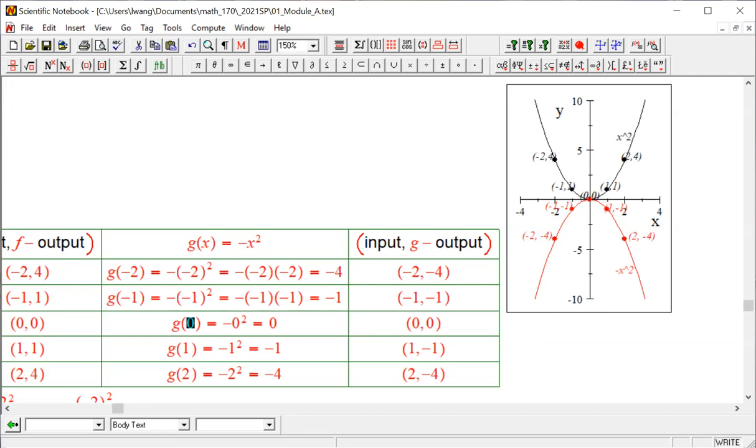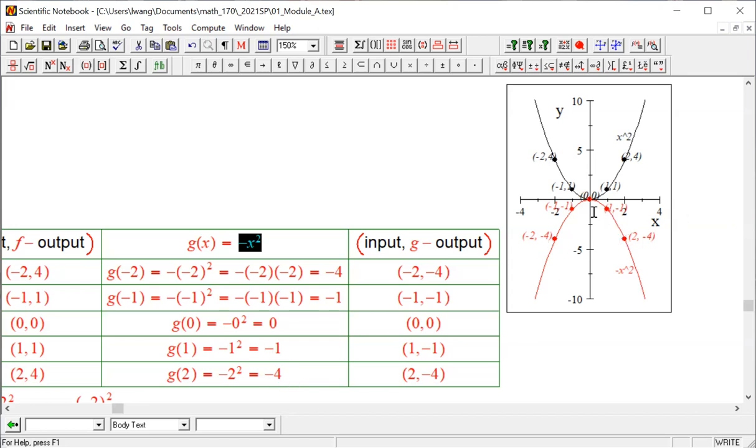For 1, with x squared the output is 1. For negative x squared, the output is -1. And for 2, with x squared, we have 4. For negative x squared, we get -4. So we get the other points.